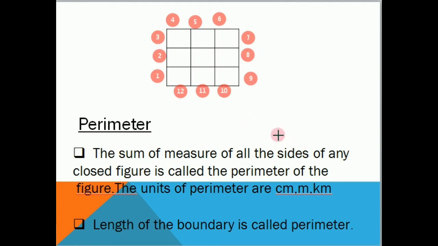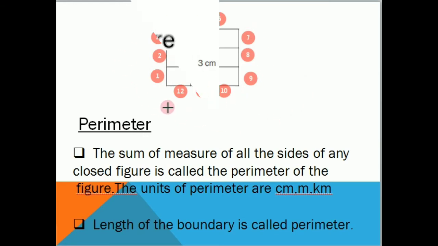So the measure of all the sides is equal to 12 centimeter. So perimeter of this closed figure is 12 centimeter.